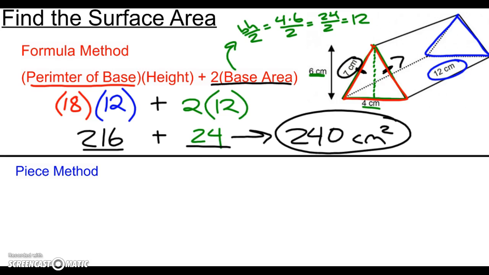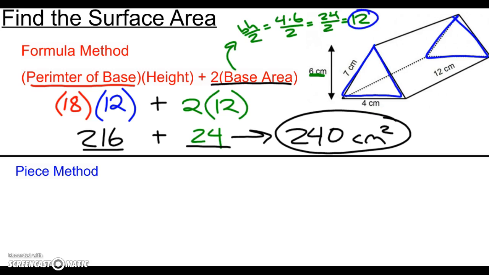Okay, so if we're using the piece method, we actually just want to look at the different shapes within this triangular prism and add up all the separate surface areas. There are 2 rectangles that are the same and 2 triangles that are the same. So this triangle and this triangle are the exact same.